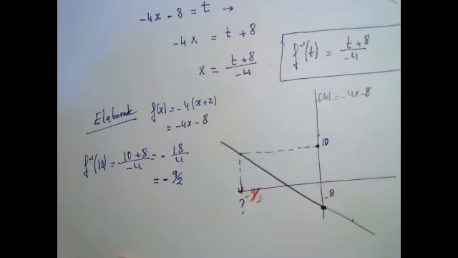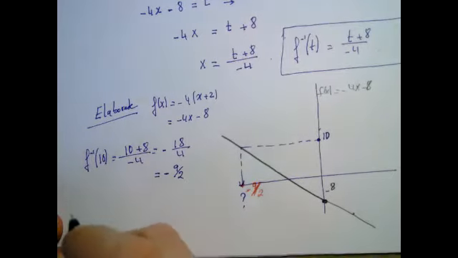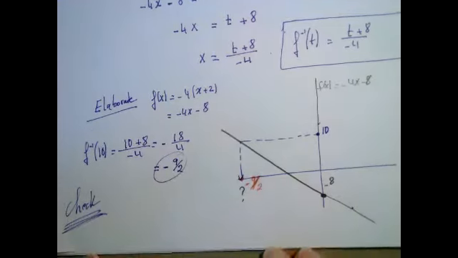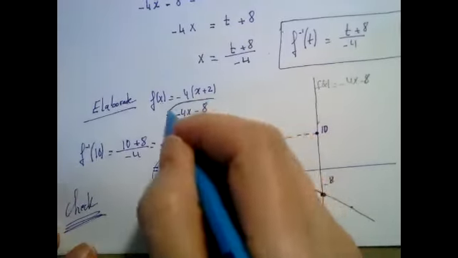My question is, how can you check that minus 9 halves is a correct answer? Just to understand exactly what we're doing: input minus 9 halves into x in the original equation.